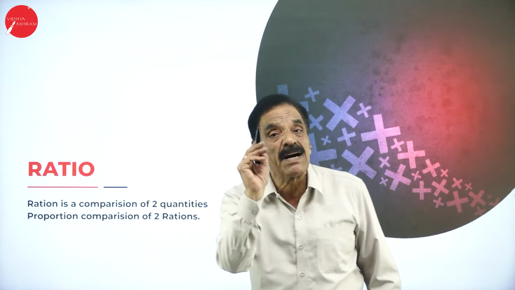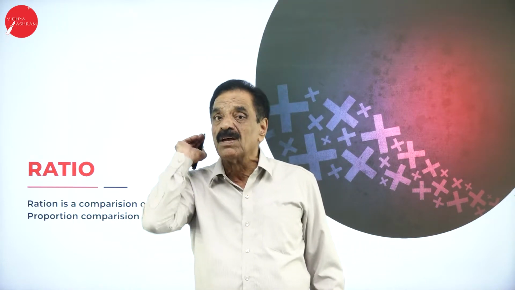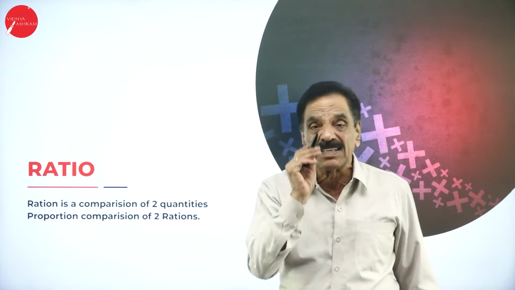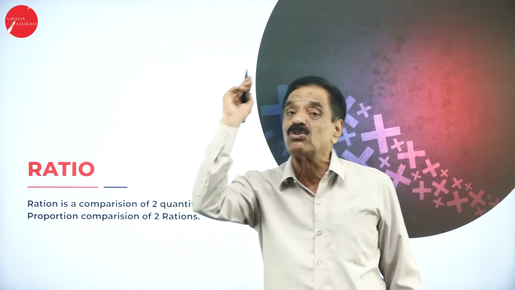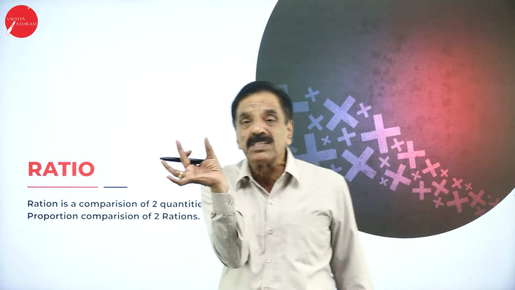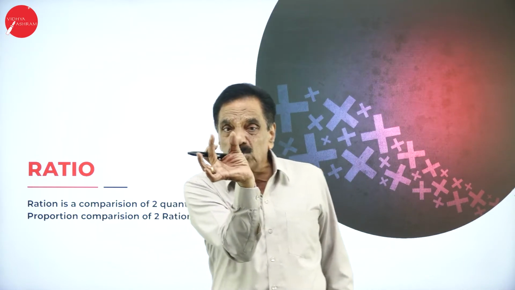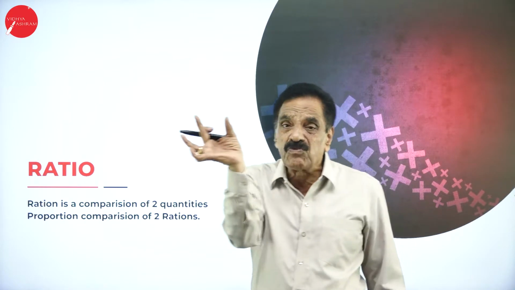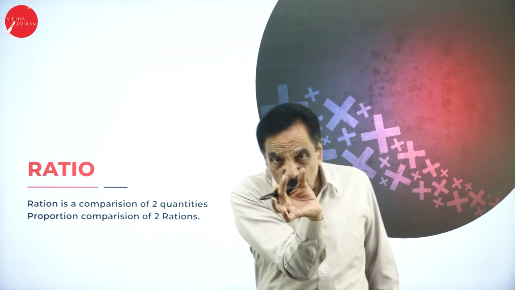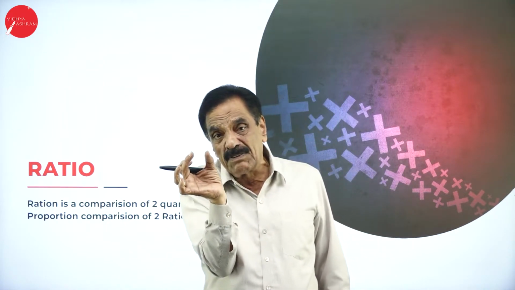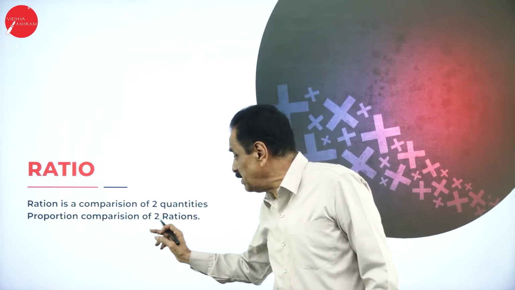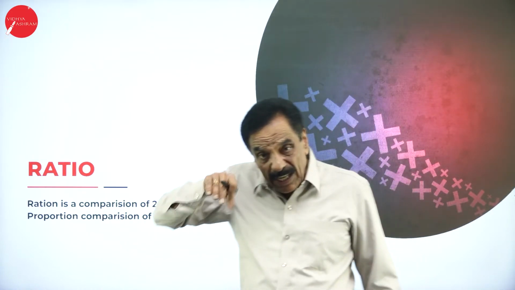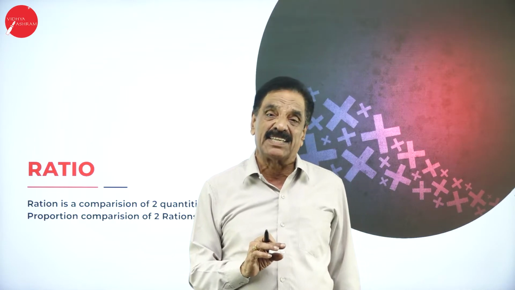Ratio is a comparison of two quantities, whereas a proportion is a comparison of two ratios. You must be very careful. Same quantity we are going to compare. Two sweets will be compared. Two fruits will be compared. Two flowers will be compared. Two boys of the same percentage will be compared. In proportion, two ratios will be taken into consideration.